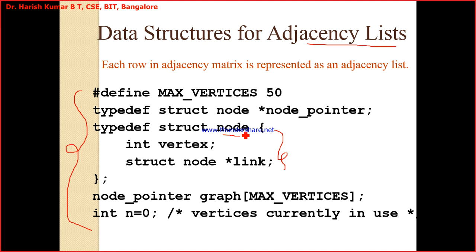Typedef struct node, vertex and struct node star link. So vertex will hold the ID of the vertex, and the link is going to hold the address of the next node. Initially we initialize n is equal to 0. Say for example, I got to read the number of vertices, so I make n as 0.